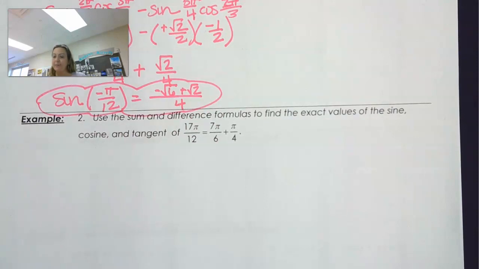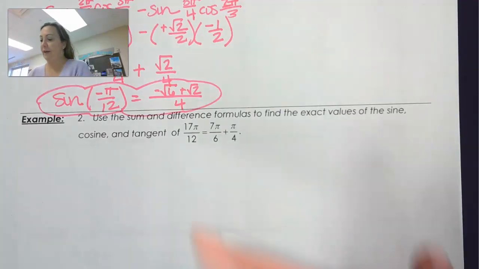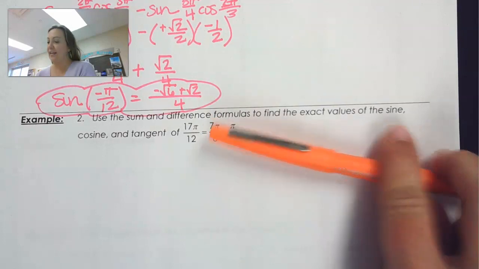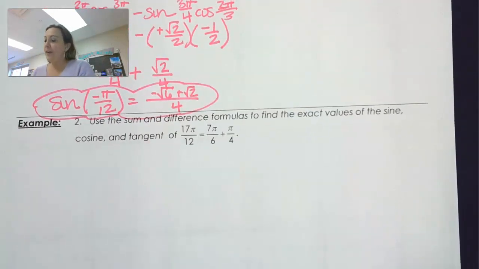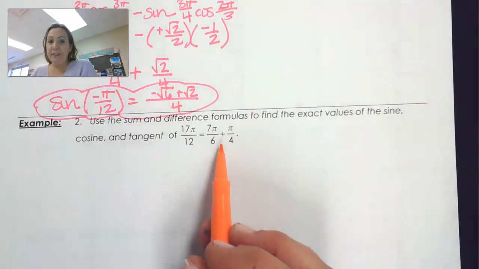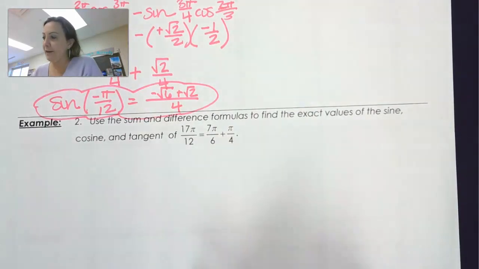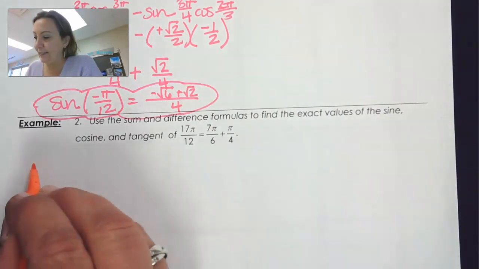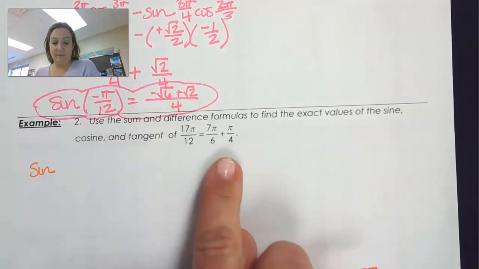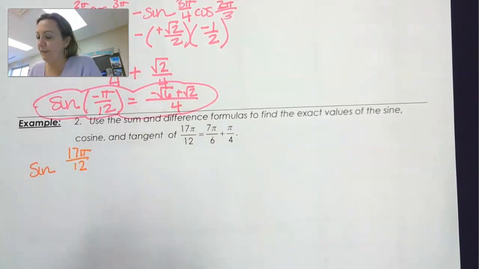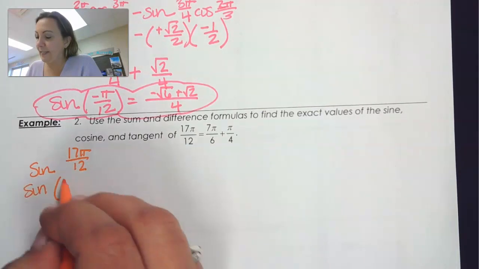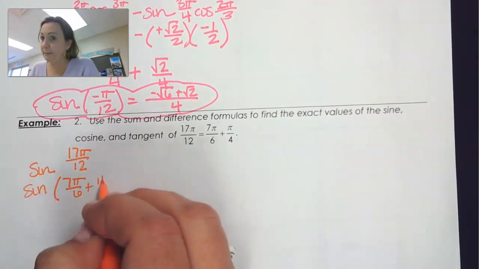So now it says use the sum and difference formulas to find the exact value of the sine, cosine, and tangent of 7 pi 12ths. And they were nice enough to tell us that 7 pi 12ths is the same as 7 pi 6 plus pi fourths. So we're going to use the sum formulas. If we look back on our formulas, the sine of 17 pi 12ths is going to be the same as the sine of 7 pi 6 plus pi fourths.